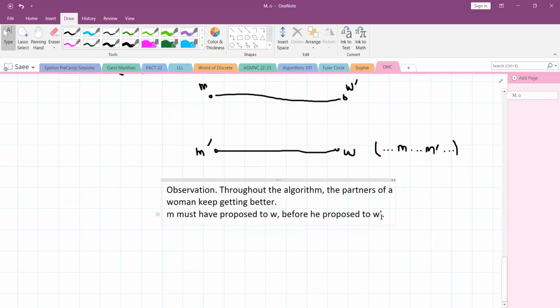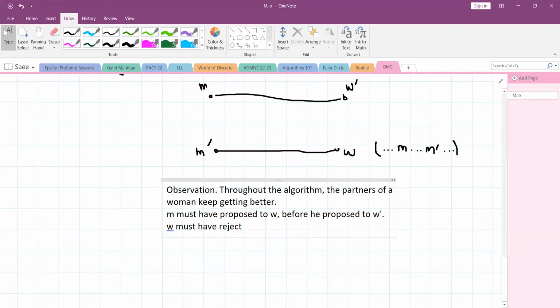Right. So what happened then? Can somebody try to finish the proof from here? So in the end, let me give you more of a hint. In the end, M is not paired with W, which means W must have rejected M at some point in the algorithm, right? Let's write that down.